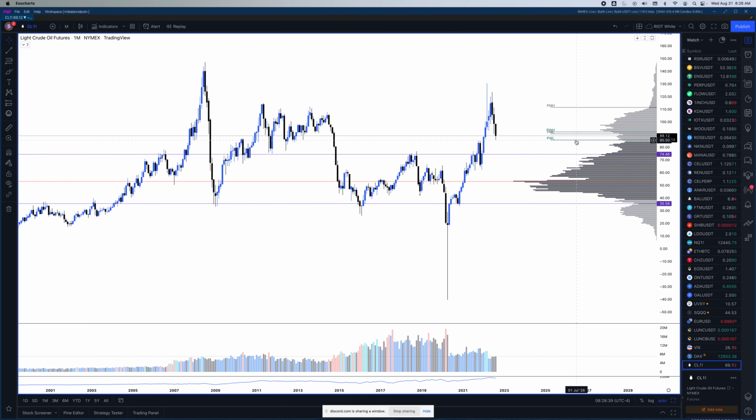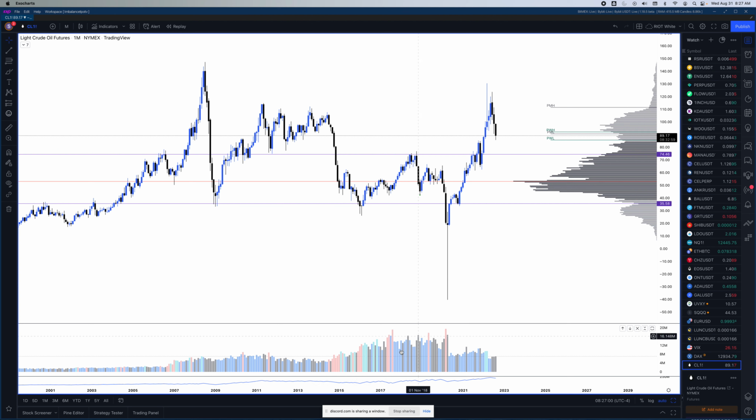This right here is showing me the previous weekly low, and based on looking at the chart, it doesn't look super bullish.